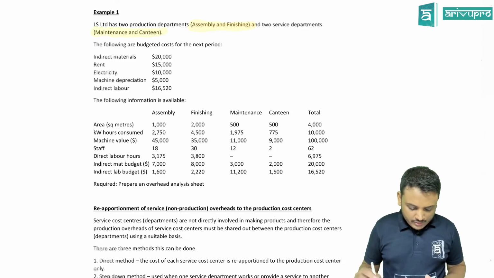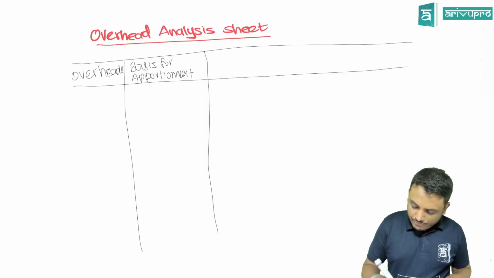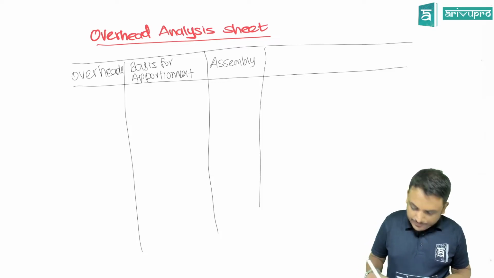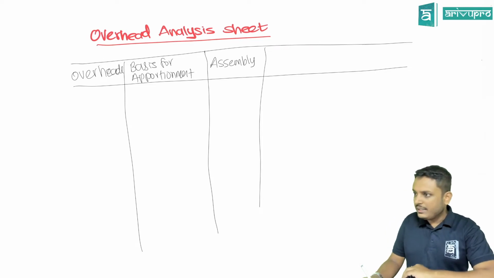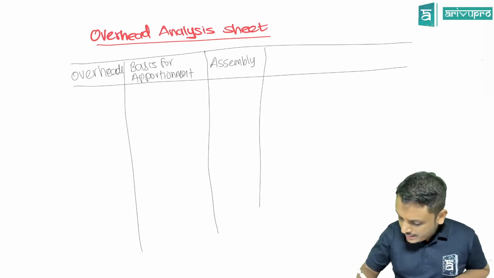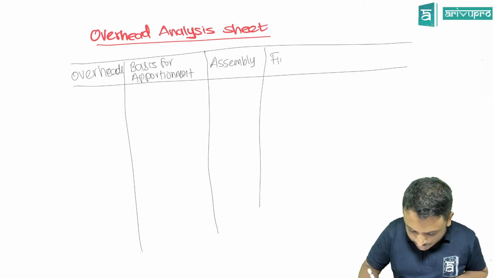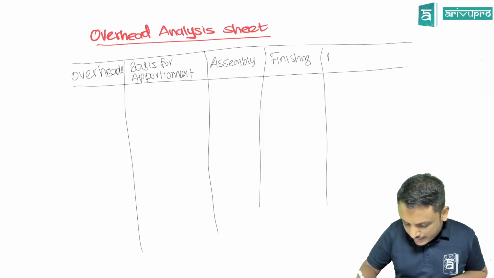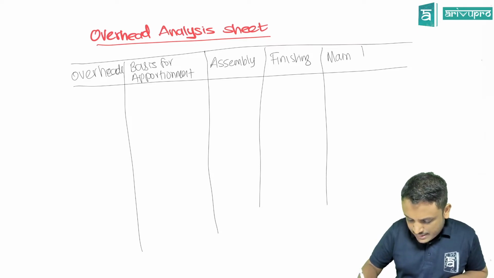So first, assembly. Is assembly production or service? Production. Number 2 is finishing. Is finishing production or service? Production. Canteen and maintenance. Let's take maintenance, I put as maintenance and canteen.